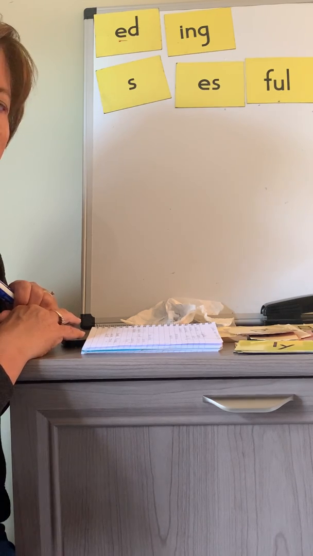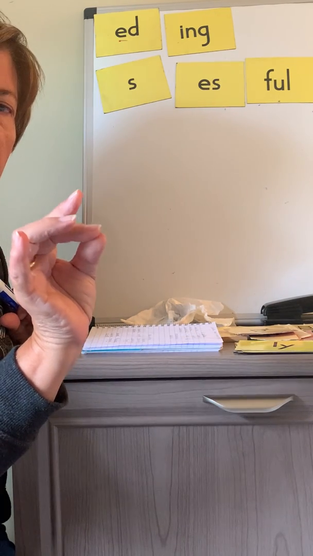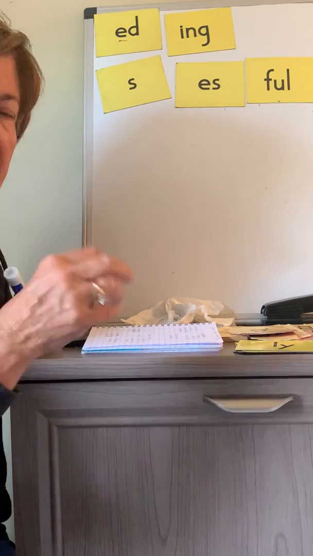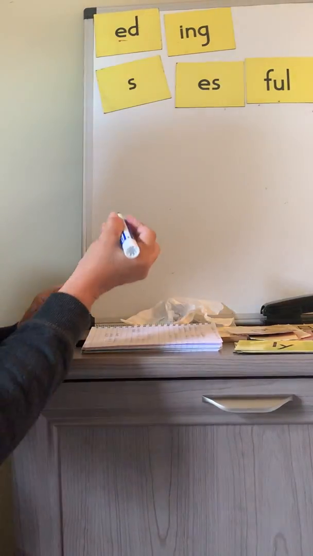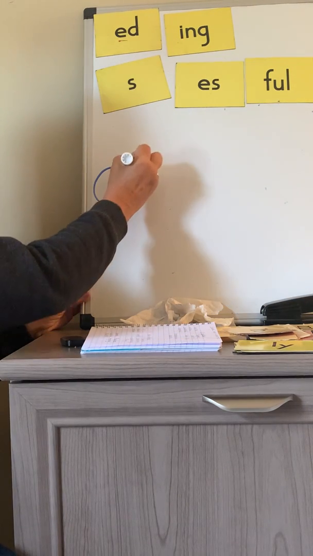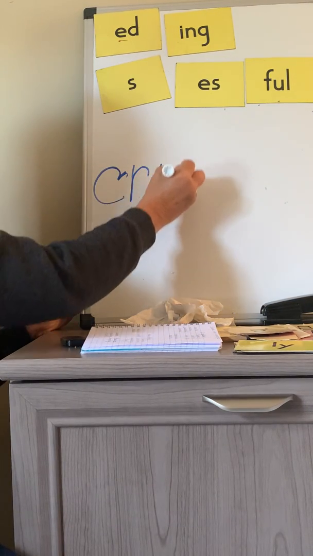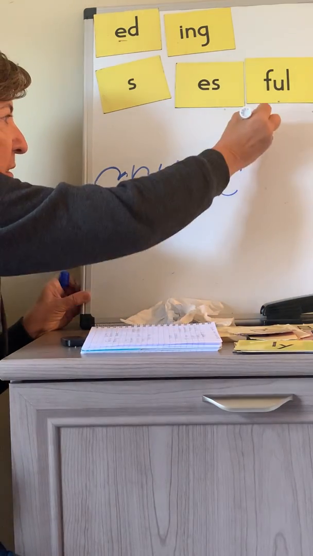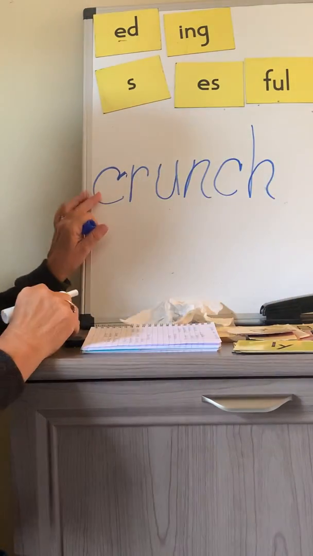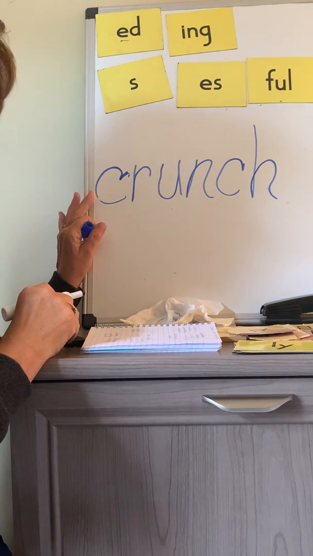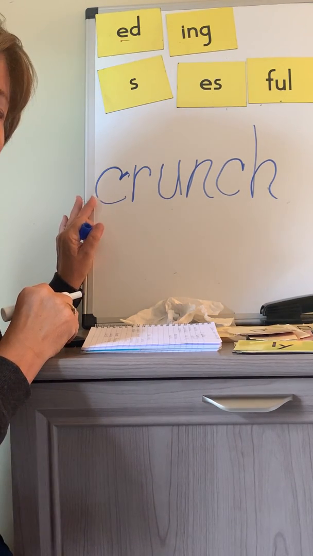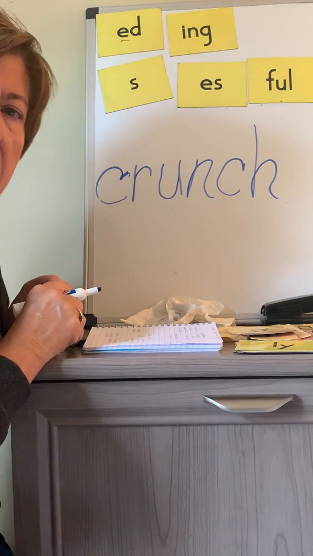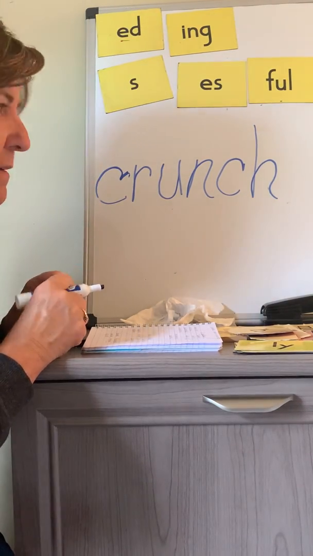Let's tap crunch. K, r, a, n, ch. Now you may have thought K, but most of the time when it's blended with an R, it's going to be a C. Crunch. How do I make that crunches?